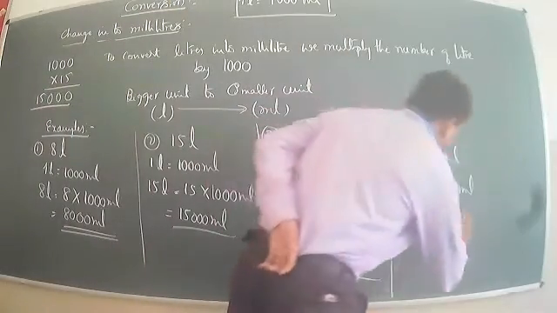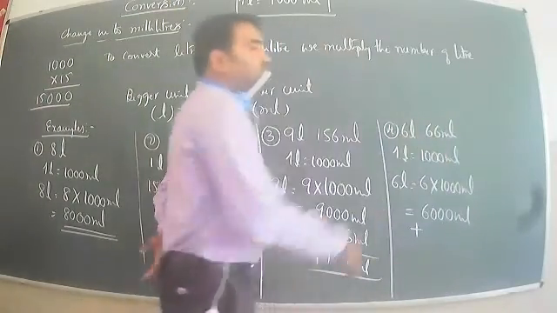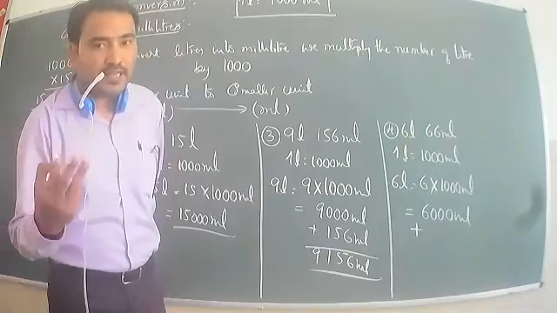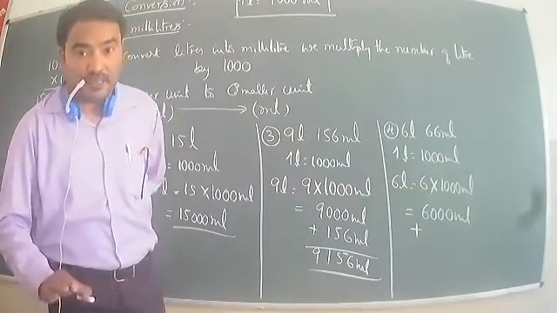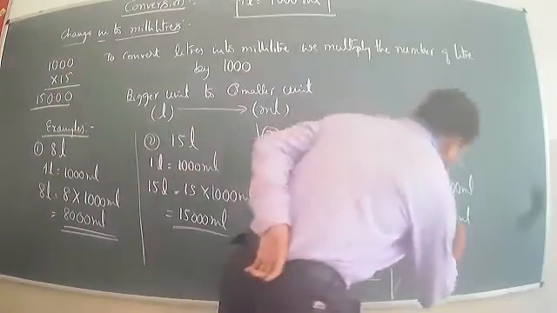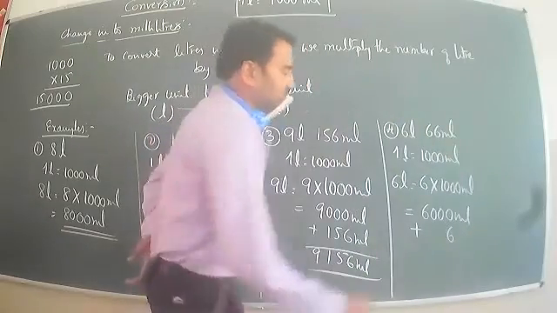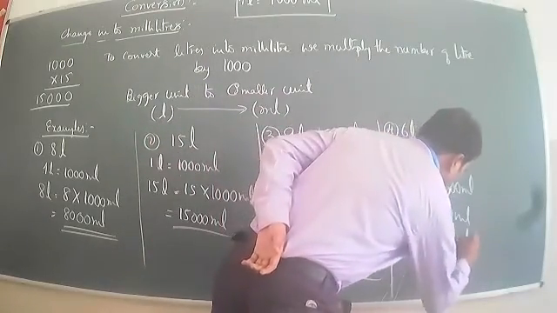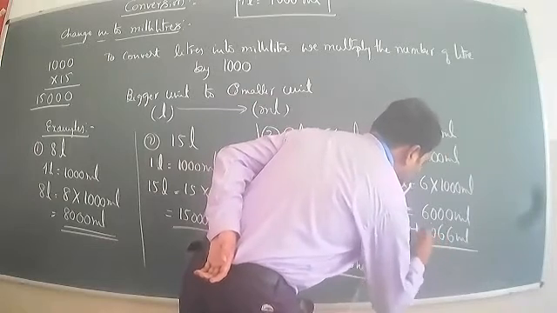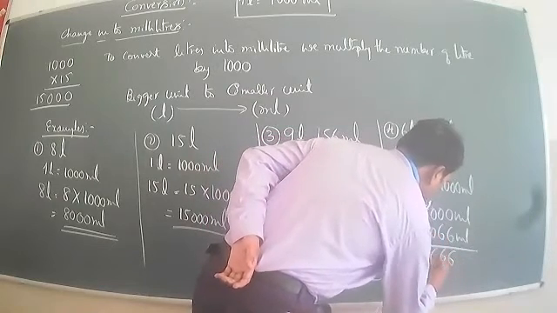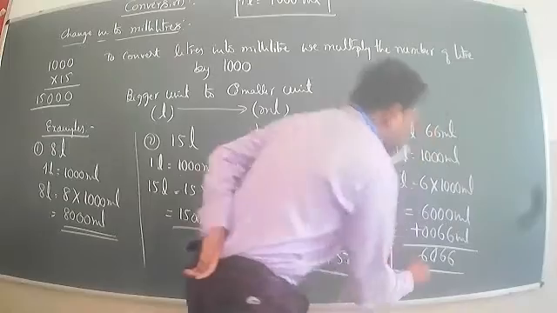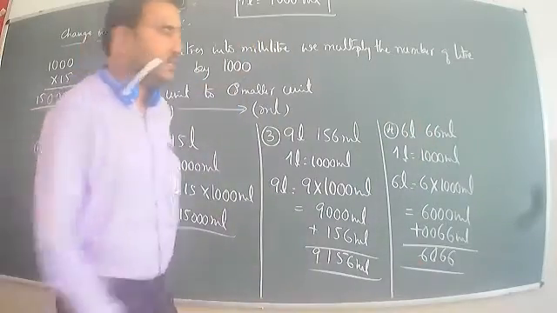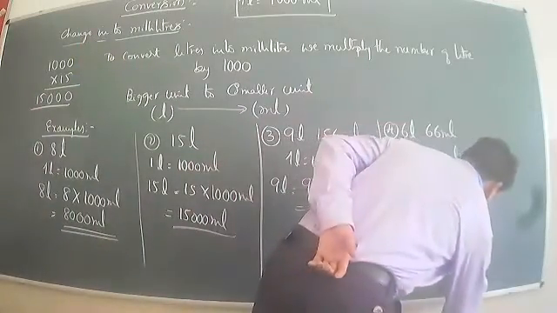The remaining is 66 milliliter, a 2-digit number, so we add in the ones place and tens place, not the hundreds place. Ones place is 6, tens place is 6, and hundreds place is 0. So we get 6066 milliliter.